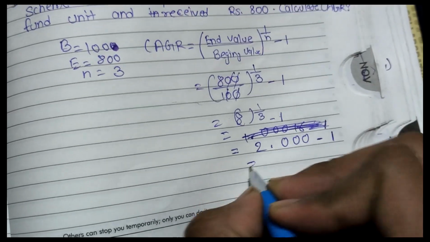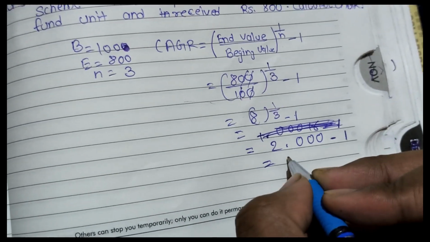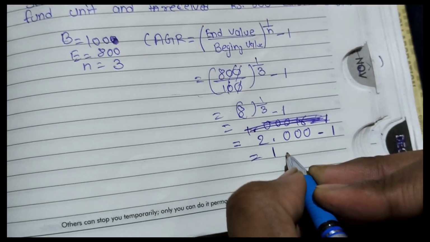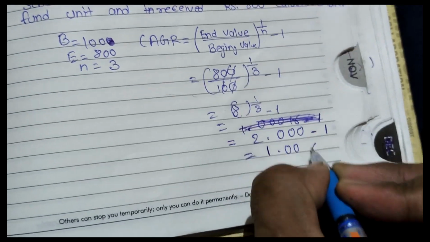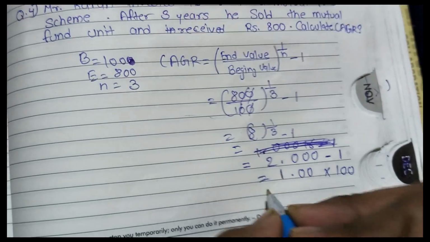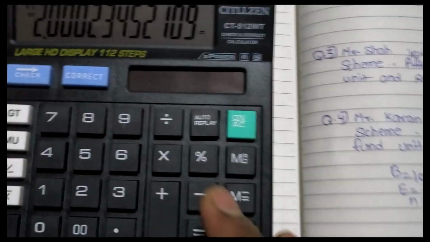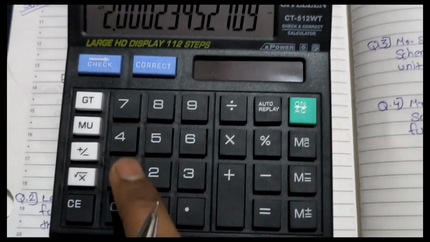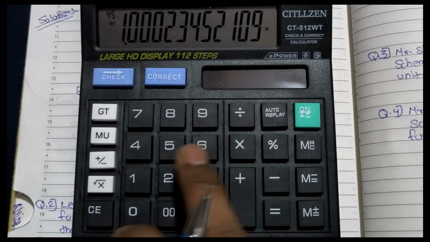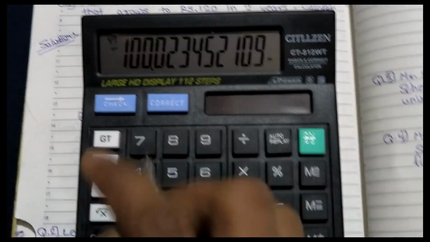Minus 1 is equal to 1.000. Then multiply by 100, it is equal to 100 percentage. So let's calculate minus 1 first, then multiply by 100. What you got is 100 percentage.